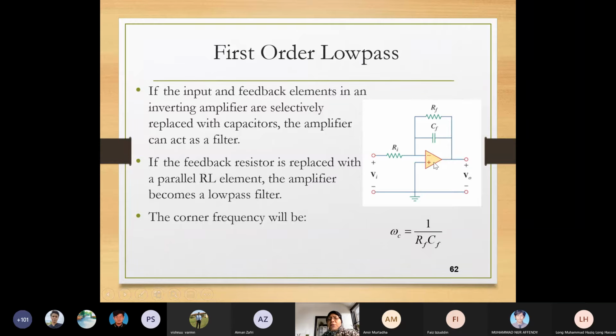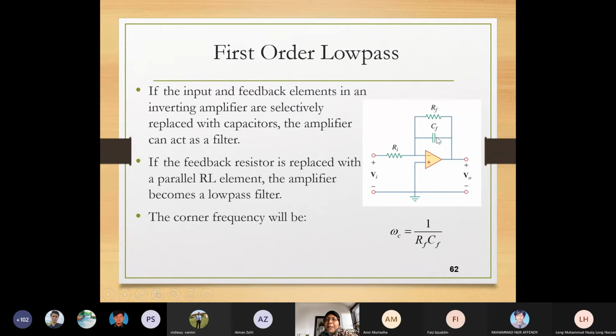For this circuit theory 2, I just introduce how you can make the op-amp as a basic low pass, high pass, band pass filter, and band stop filter. Normally for a filter, we connect it in an inverting configuration. This is inverting behavior because you connect the input to the negative terminal, and RF, the feedback resistor, connects from the output to the input, and you introduce one capacitor in parallel to the feedback resistor.